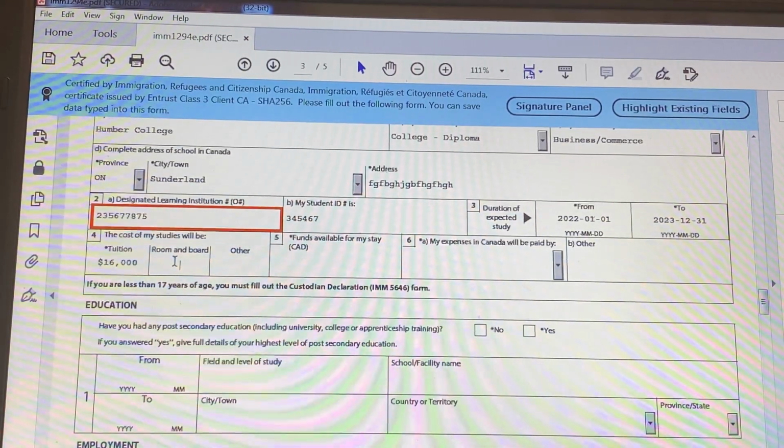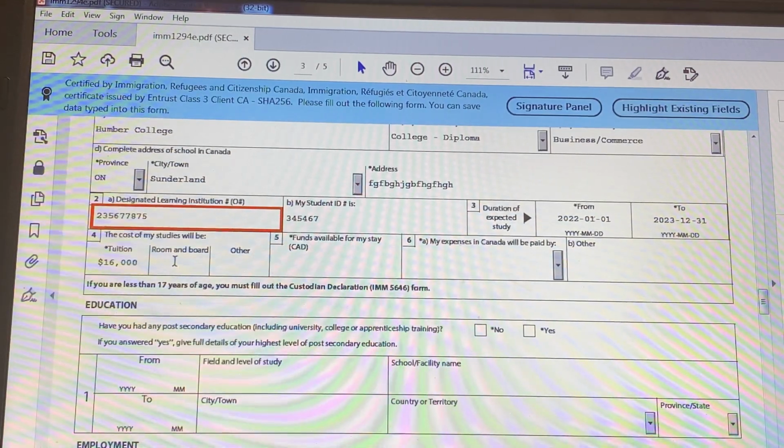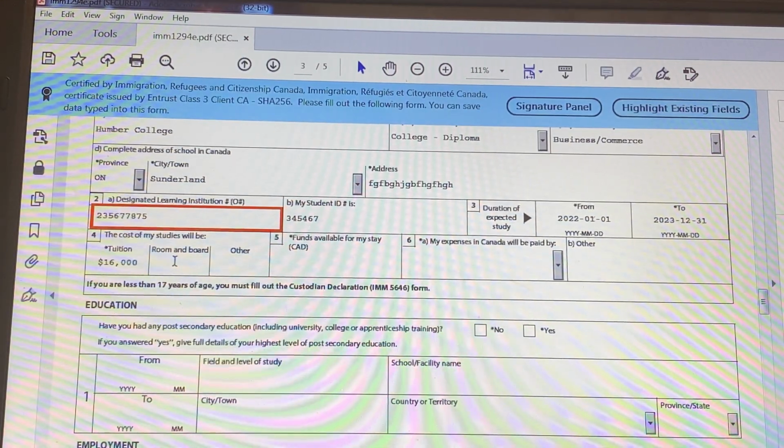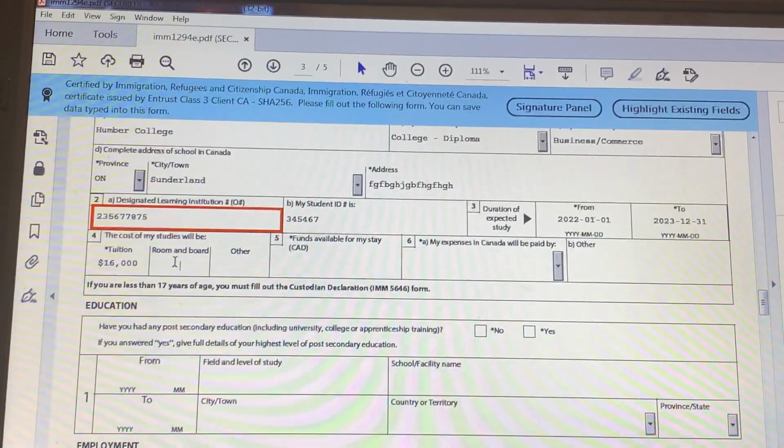So, Mr. John Brown will be living on campus, for example. Mr. John Brown will be living in the dorms at Umber College. So all Mr. John Brown needs to do is go on Umber College's website, look at the cost for the dorms, and then multiply it for the year. So say it's $500 per month.